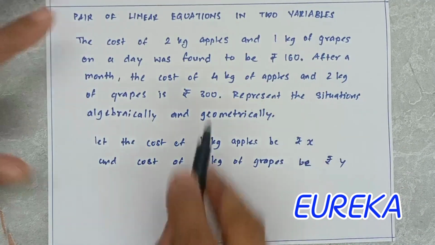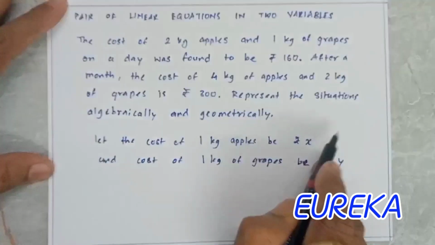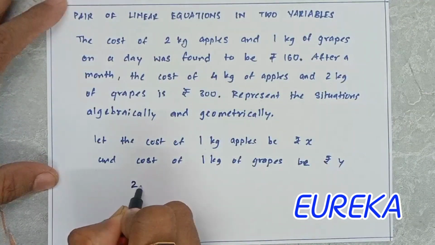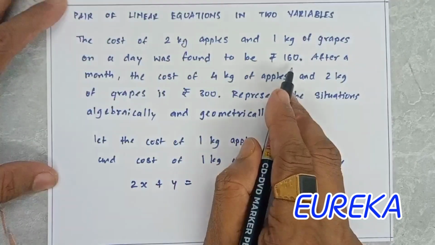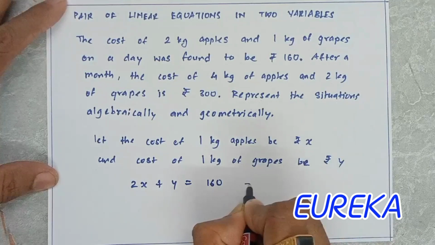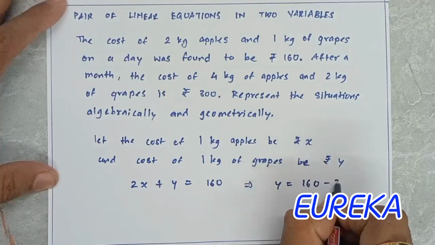So the first situation is 2x plus y. 2x plus 1y means 2x plus y. How much did we pay? We paid 160 rupees. If I write this in the form of y only, I will send 2x to the other side, so I get 160 minus 2x.